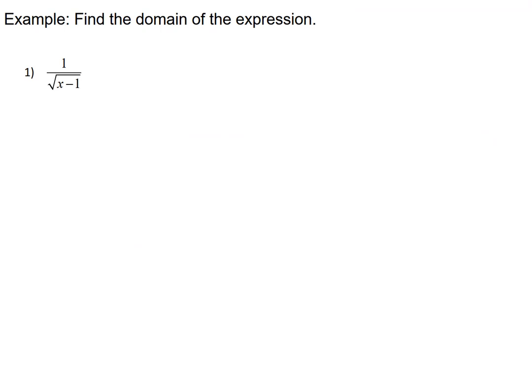Let's consider an example where we want to find the domain of an expression. This first expression is 1 over the square root of x minus 1. To find the domain of this expression, we'll consider our definition, which has those two main parts. The first part being that we cannot divide by 0.